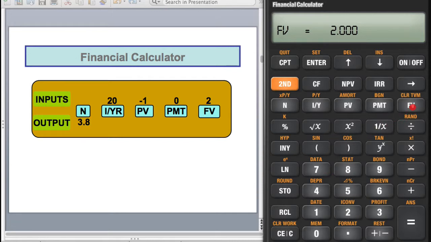So now that we have all of this, we have FV, PMT, PV, I/Y. All we need is N, which is the number of periods it'll take for this to become reality. So now we do something slightly different. We use the CPT, which stands for compute, then N, and you get 3.802.